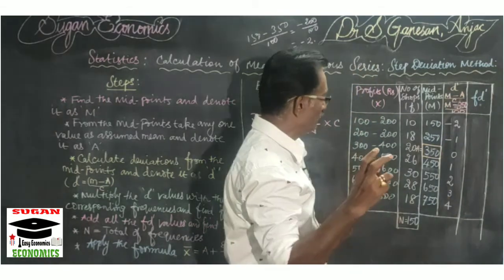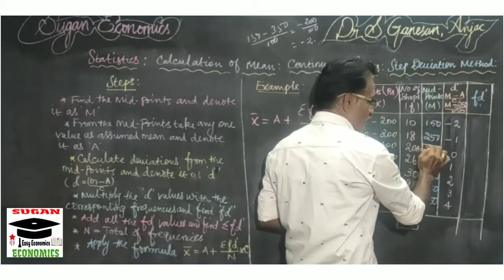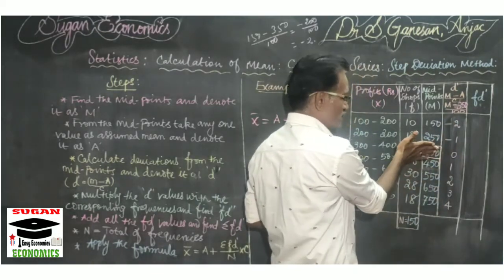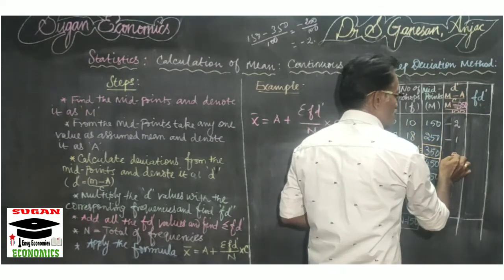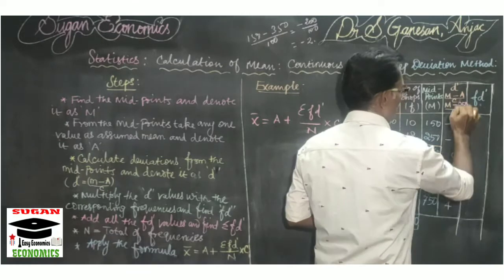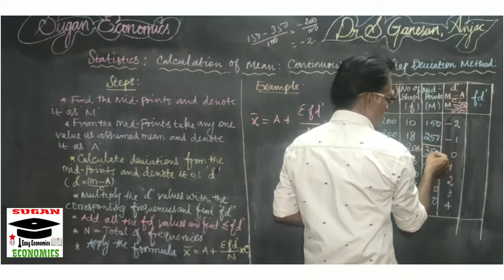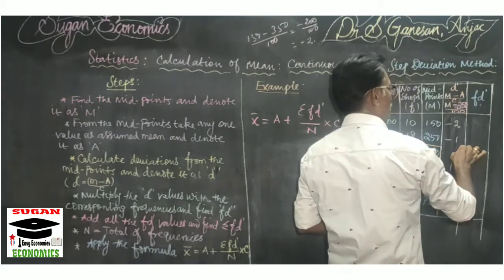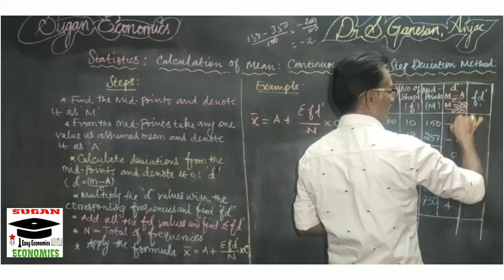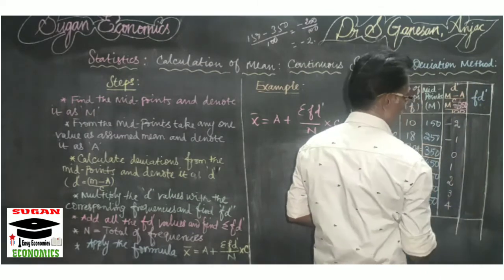So how can you simply remember the d dash values after assuming the assumed mean? Simply put 0 under the d dash column for the assumed mean value. Here 350 is our assumed mean, so you put 0. The values above it come under negative values, and below it come the positive values.